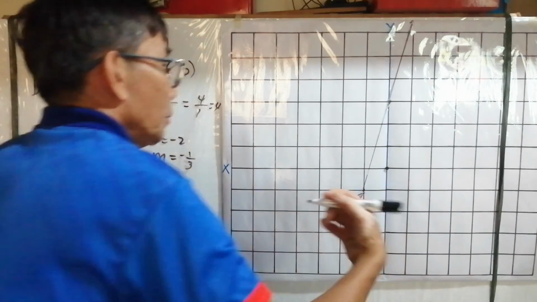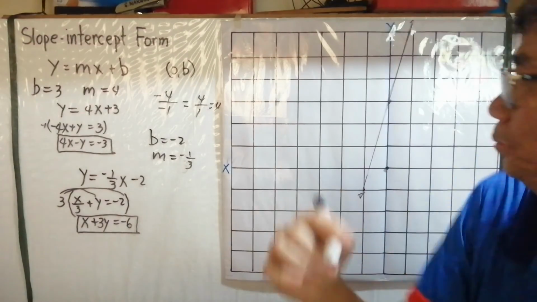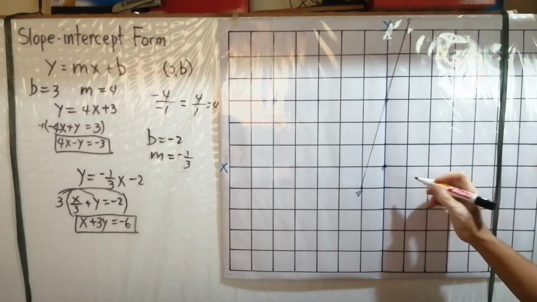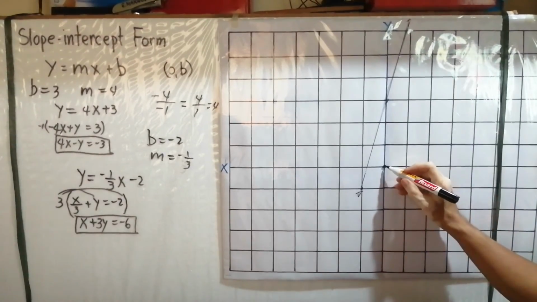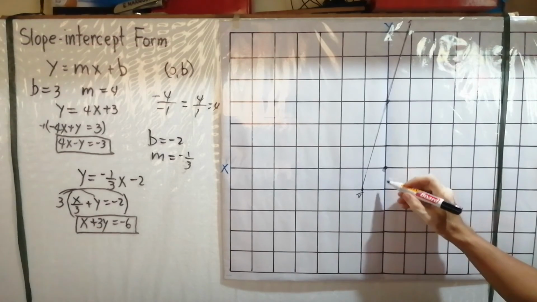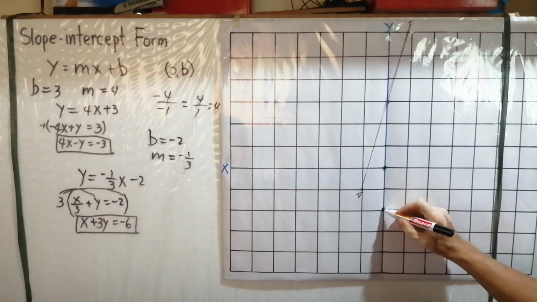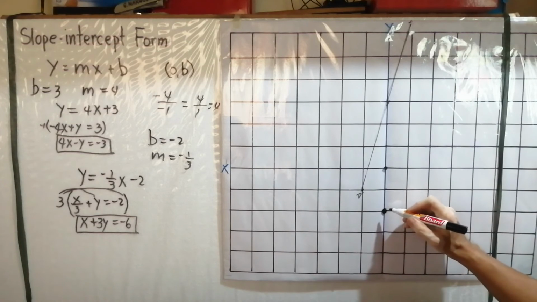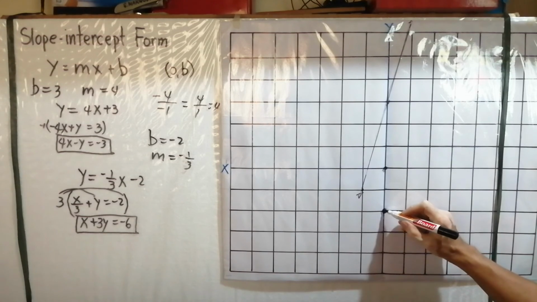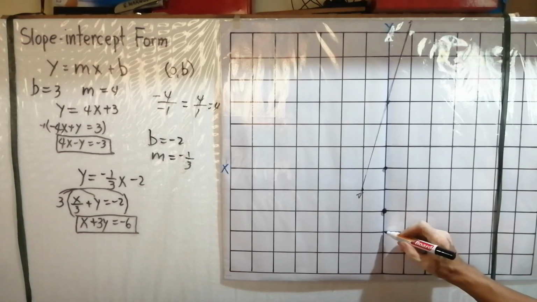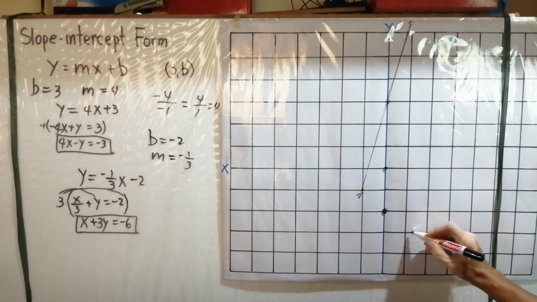So when we plot that, first with the y-intercept, which is negative 2, 1, 2. So establish that as your first point. And the slope is negative 1/3. So negative 1 means you go down 1 and to the right 1, 2, 3.